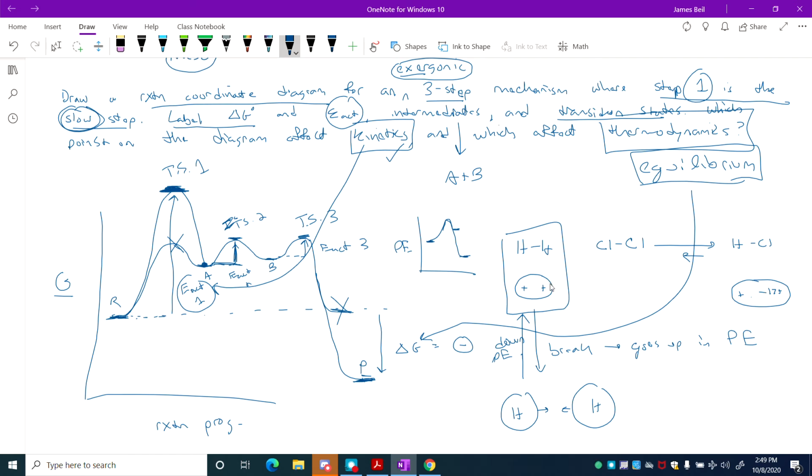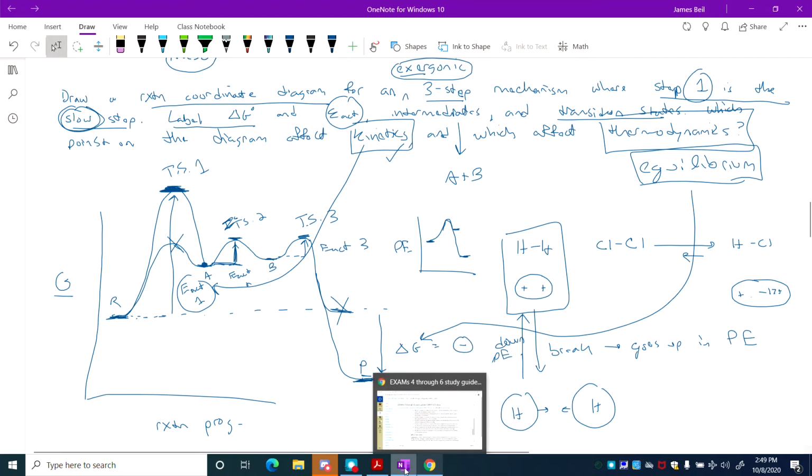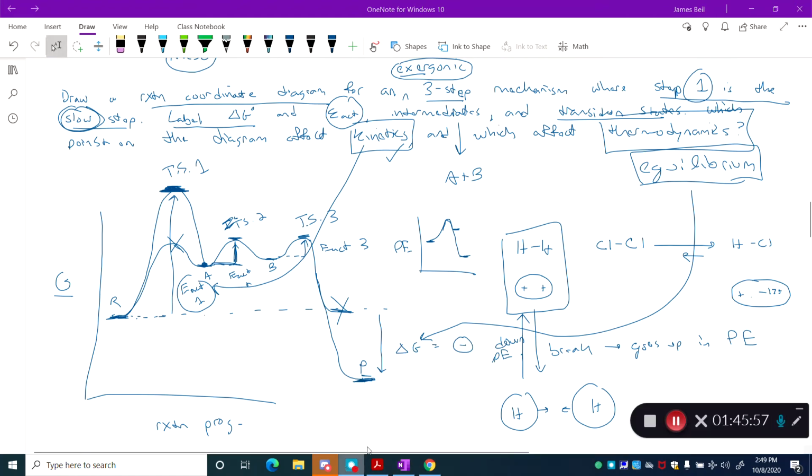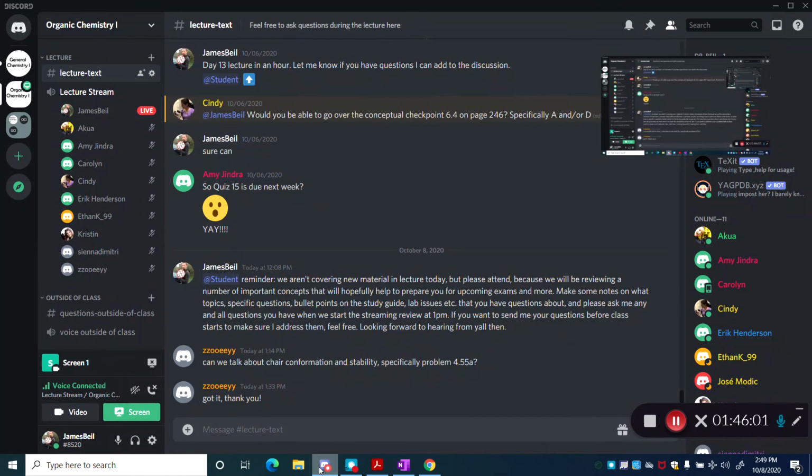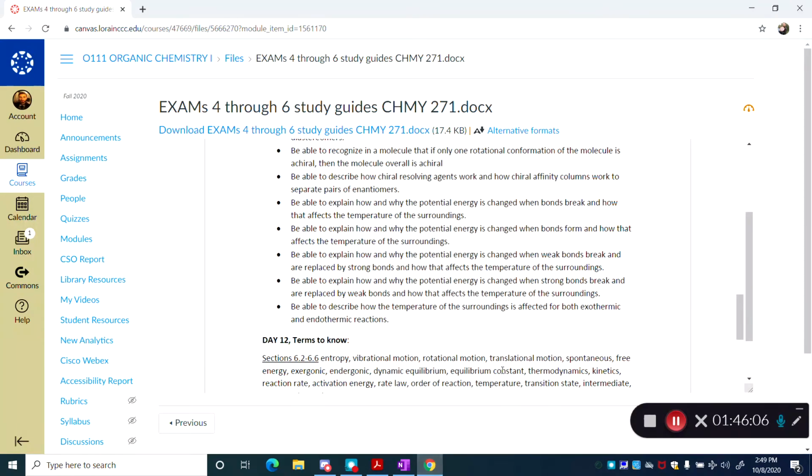And so you can think about potential energy as the potential for particles to rearrange their positions in space due to attractions, or also potentially to avoid repulsion. So that covers these two bullet points.